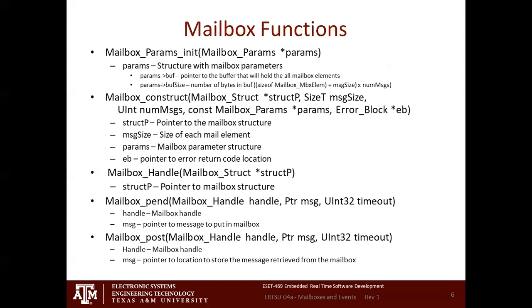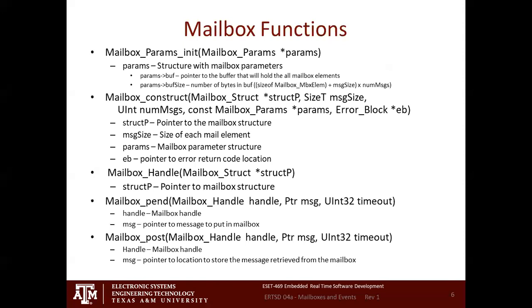So when you construct the mailbox, you have to give it a structure. You have to give it the message size. You have to give it that structure. And this is optional; you can make that a null. That's just a pointer back to a word-sized value that you can return the error code that gives you specific errors. I don't know that I've covered that in other lectures.